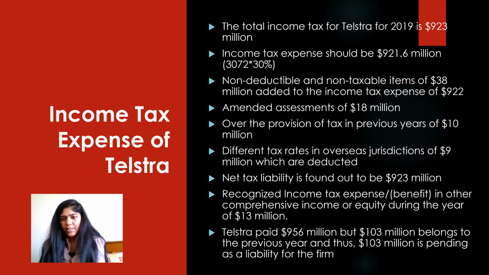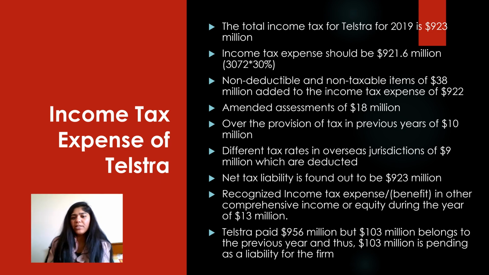Different tax rates in overseas jurisdictions of $9 million are deducted. The net tax liability is found to be $923 million. The income tax expense recognized in other comprehensive income or equity during the year 2019 is $13 million.